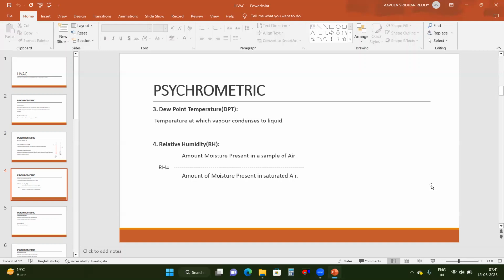When we cool the air, say the outside air is 32 or 35 degrees, with our air conditioning equipment, on reaching a certain point like 15 or 18 degrees centigrade, the vapor will start to condense to liquid.